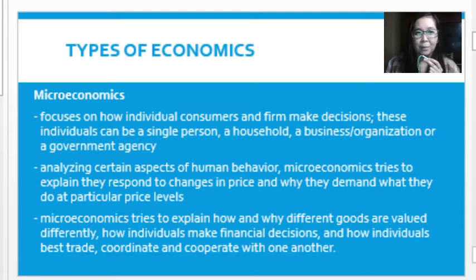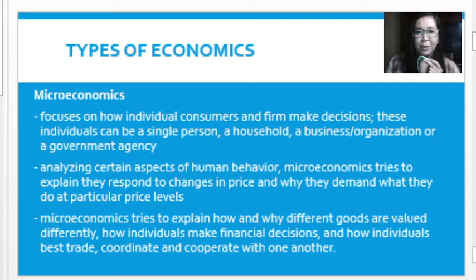Microeconomics will also try to explain the behavior and the changes of their response, based on the influences that affect that behavior. Another thing about microeconomics is that it will try to explain how and why different goods are valued differently, how individuals make their financial decisions, how they trade, coordinate, and cooperate with one another.